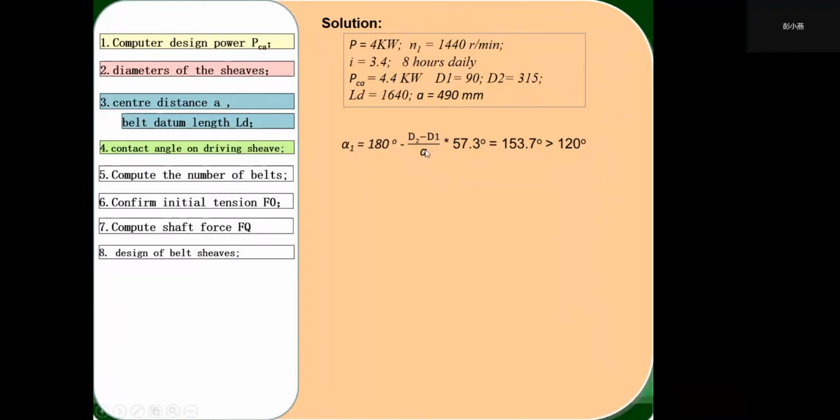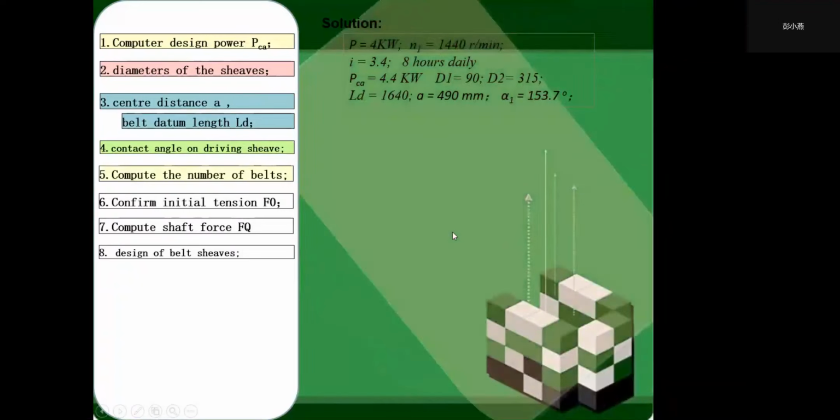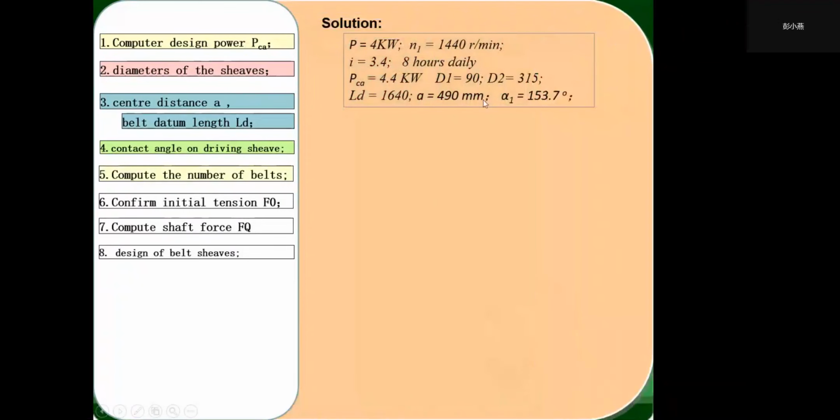Both are low, and then we calculate alpha 1, which is larger than 120 degrees, so the selection is acceptable. Okay, selection is acceptable, and then we compute the number of belts.